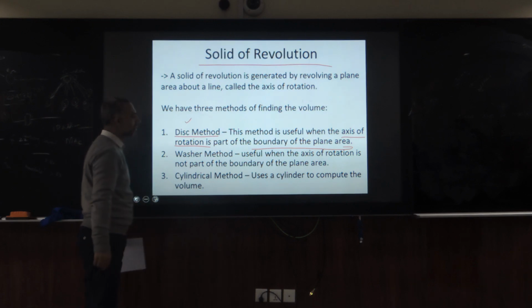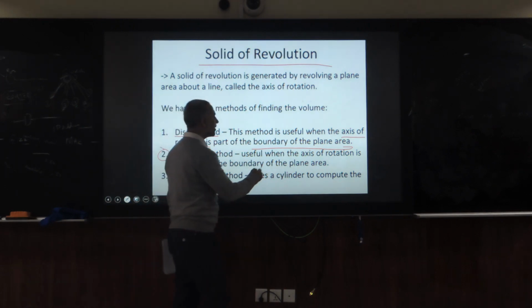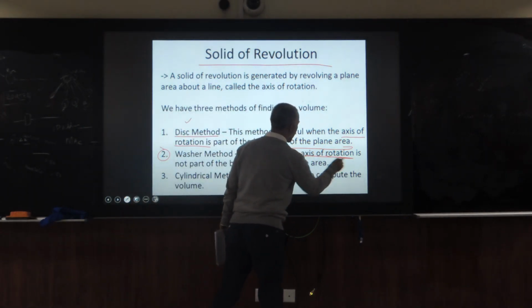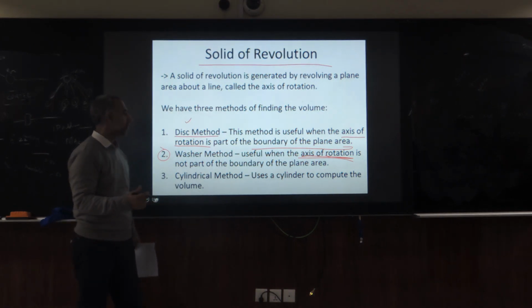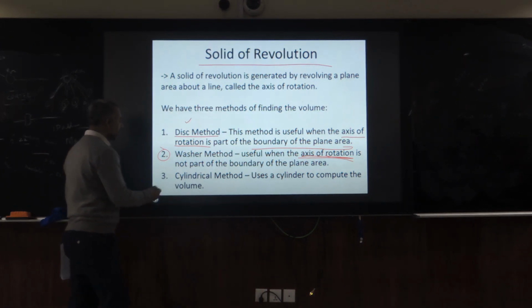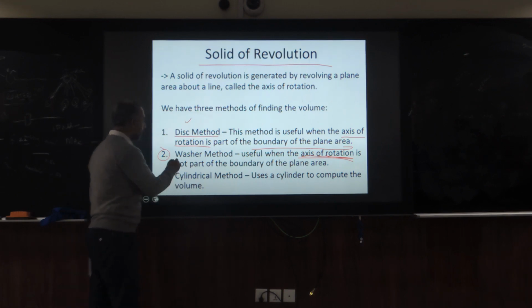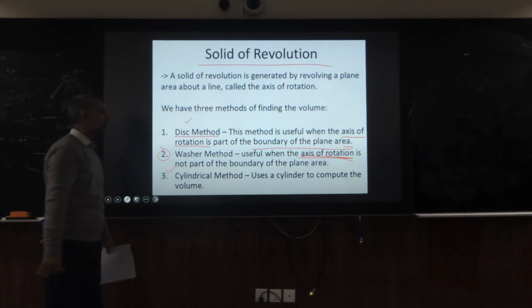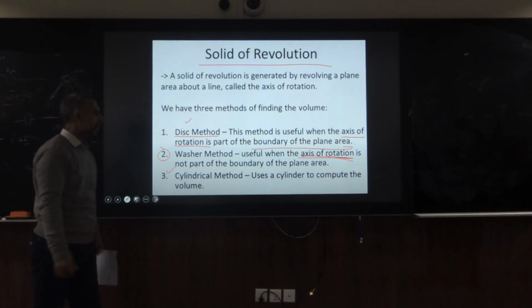However, in the washer method, remember it's the second method, the axis of rotation is not counted in the net volume of the object. In the third case, the cylindrical method. An example of the washer method is the tire of a vehicle.